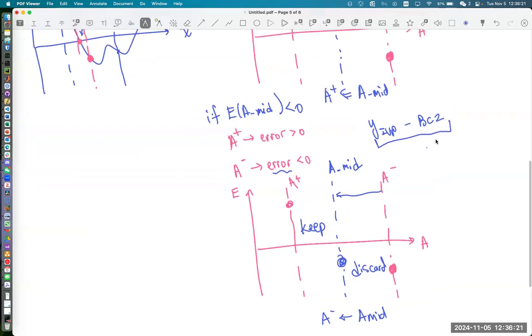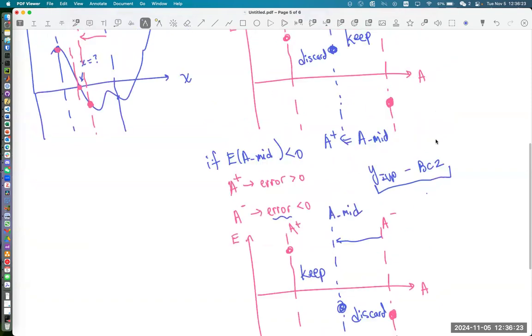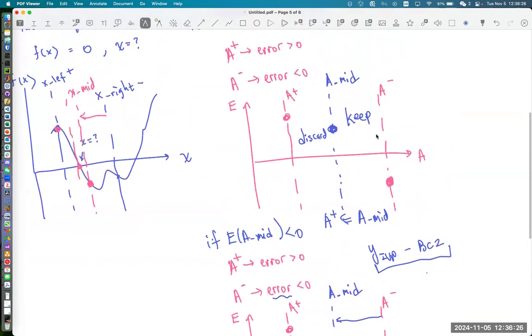So on the x-axis there are 2 points, but I'm trying to find the right point there. Oh, right. So your question now is, if I have 2 roots, how do we find the 2 roots, right? So this is a caveat for all the numerical methods. It will give one answer only.